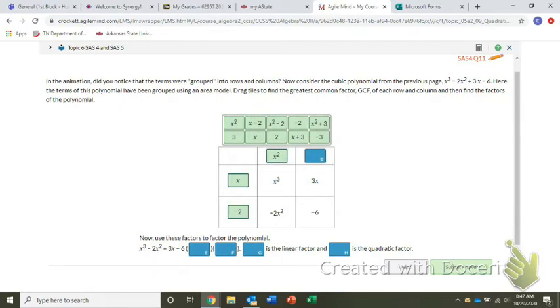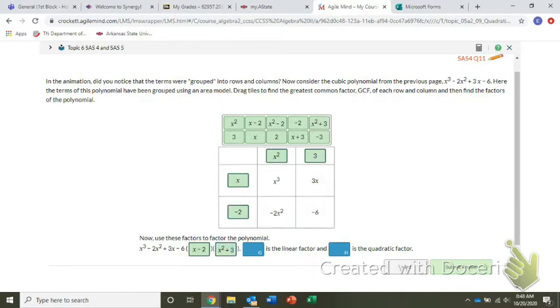Last, we take this last column and we have a 3x and a -6. Well, what number goes into both 3 and -6? Well, that would be a 3. So my factors here are x minus 2 and x squared plus 3.